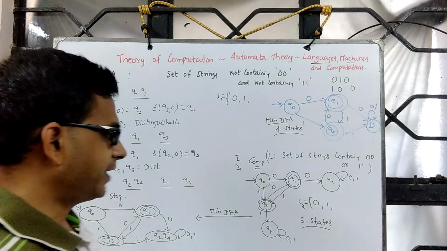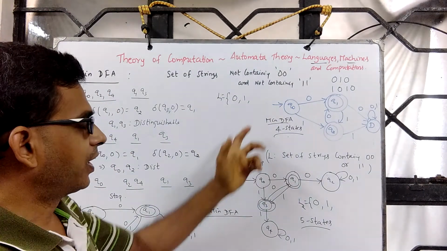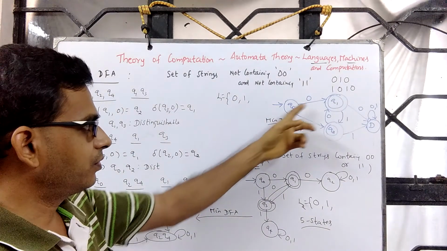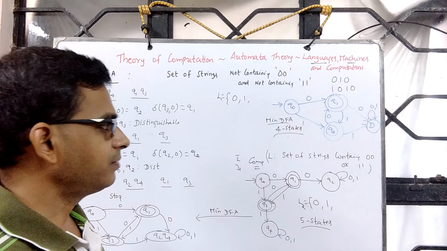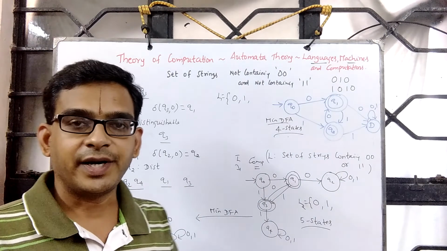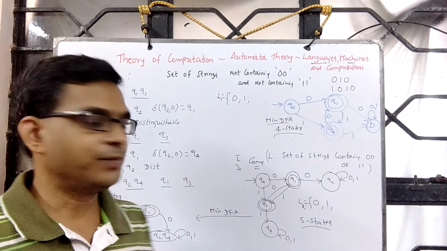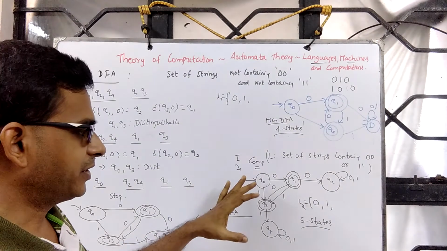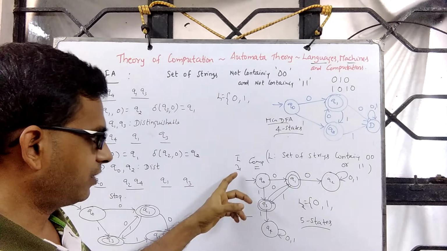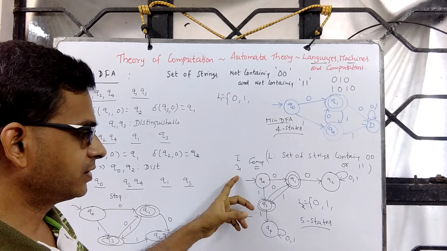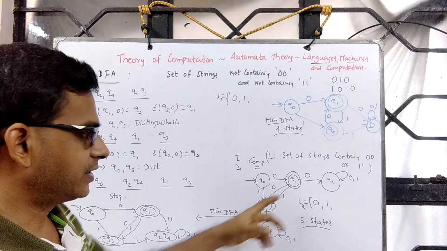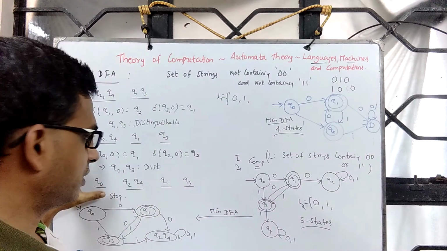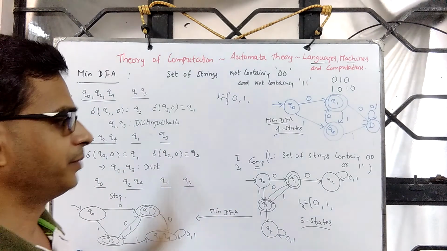So this clearly tells you that if you follow direct construction, at times we may end up getting a minimum DFA, or we employ some other technique and obtain an automaton for this language, and in case it is not minimum, follow this procedure to obtain minimum.